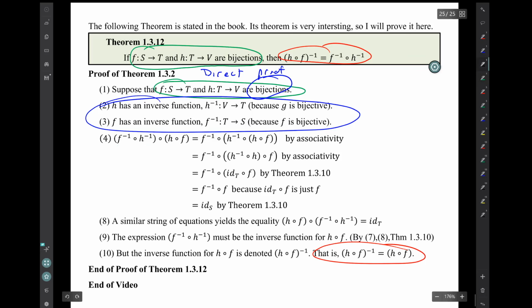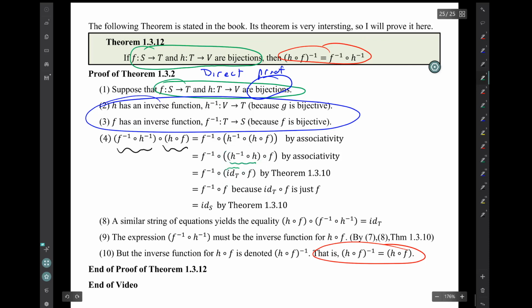Now what happens if we park this expression to the left of that expression? Well, by associativity, we end up being able to rewrite it, and at this point, we can replace this expression with this expression. Because remember, an inverse function composed with the original function is the same as the identity map.